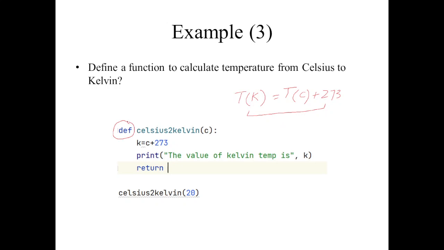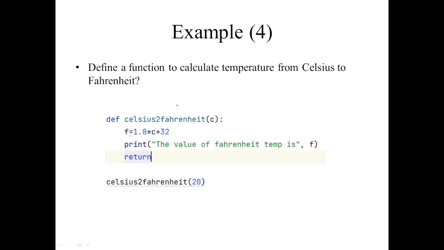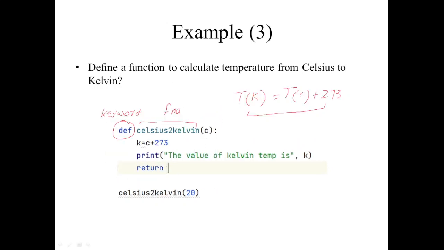You can see here is a define keyword which is always used for user defined function, and next here is a function name which is Celsius to Kelvin, and after function name you can see here is the variable which is c. C stands for variable. This is the variable, and this is the function name.